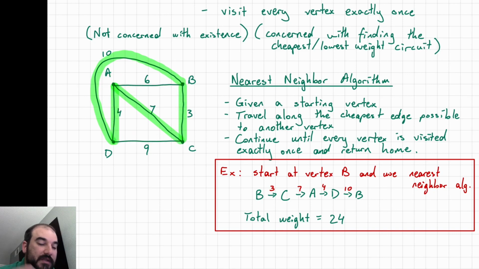So if we were to do the same question starting at vertex D, we would travel D to A to B to C to D, which would give us a different Hamiltonian circuit and a different total weight.